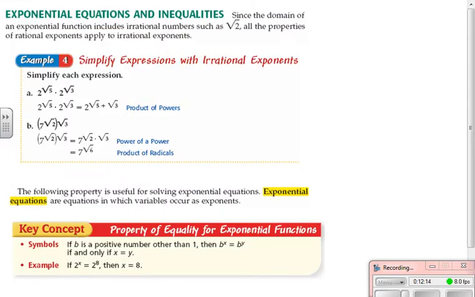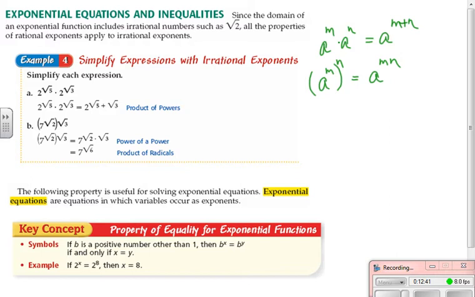Now, this is review. Since the domain of exponential functions includes irrational numbers, the properties apply. In quick review, if you have a to the nth times a to the nth, like bases being multiplied, you can add the exponents. If you have like bases, a base raised to a power, you multiply the powers.